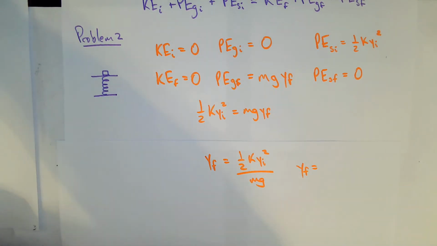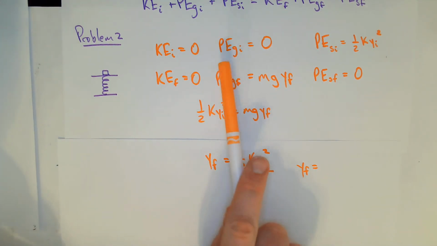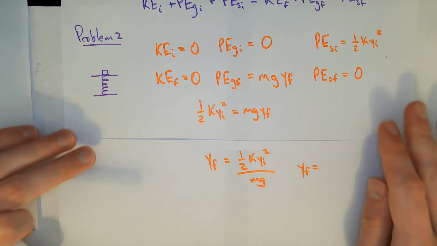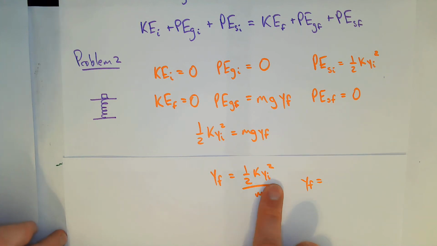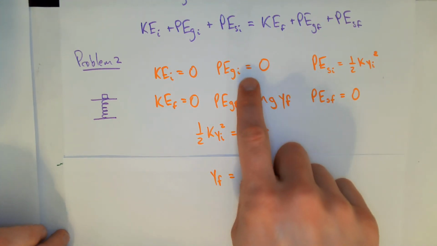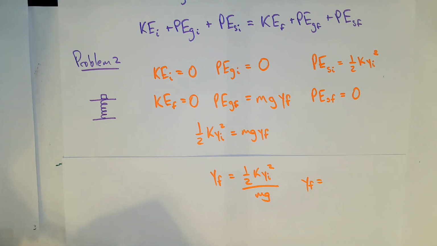One second. I want to say something here. This y initial is not the same as the y initial from the gravity. We should be careful of that. This is about how much the spring is compressed. That one is about defining where the floor is for gravitational potential energy.